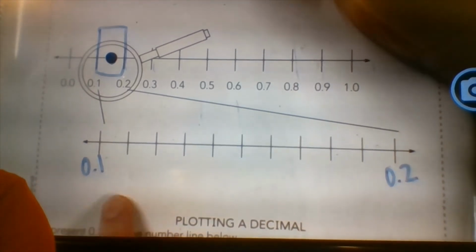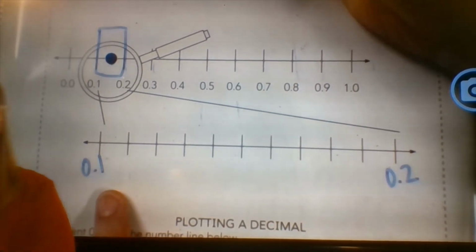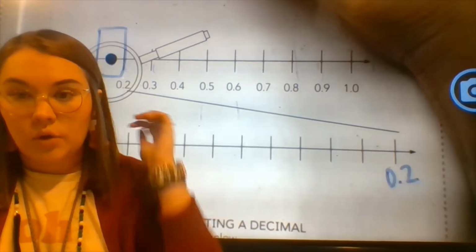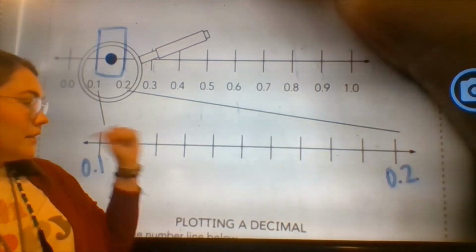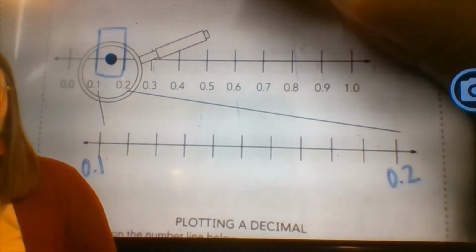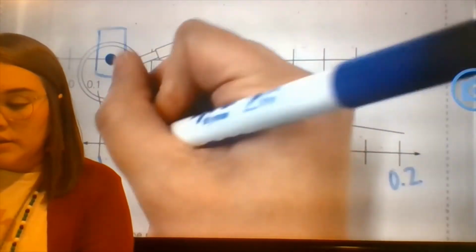So like I said, I knew the last time that the reason I should do tenths is because there were whole numbers on the end, but now I see that there are tenths on the end, there are decimals on the end, so I need to do hundredths.